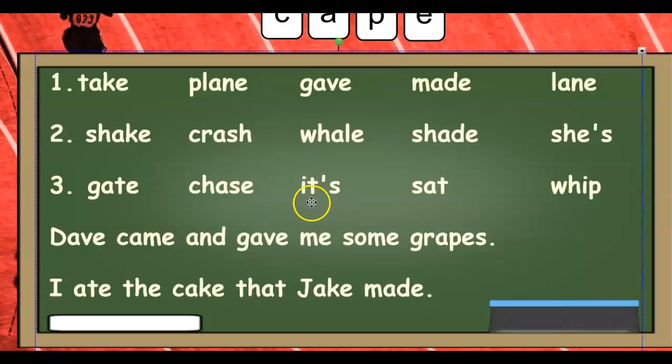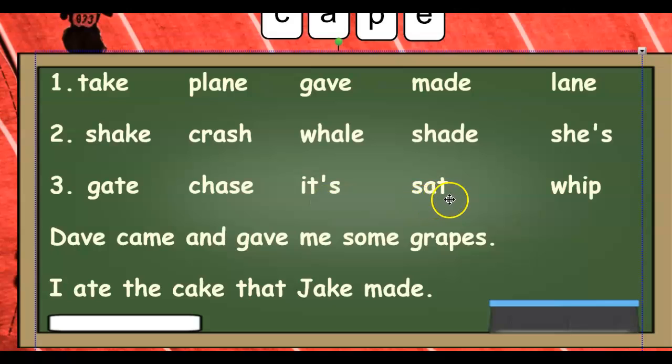Next we have another contraction. It. It. The word is its. Do you know what its is a contraction for? It is. Next we have the word at.